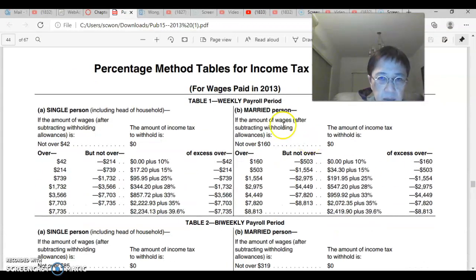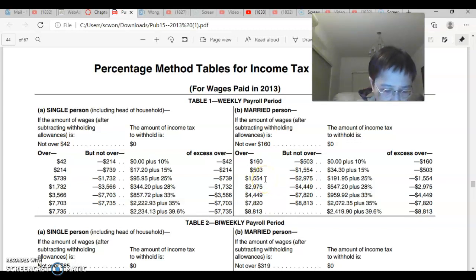On the weekly pay, this is the weekly pay, married. Ken is married, and his weekly pay is $1,000. After the withholding allowance it is $1,855, which is over $1,554 and below $2,975.